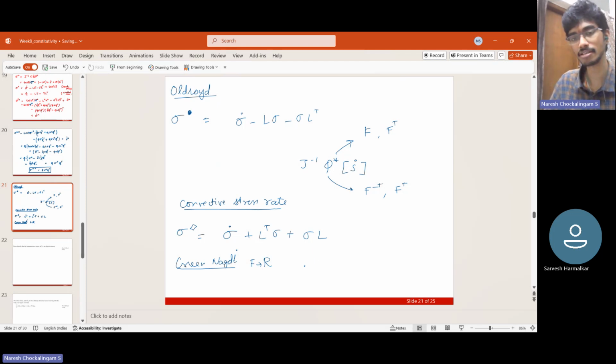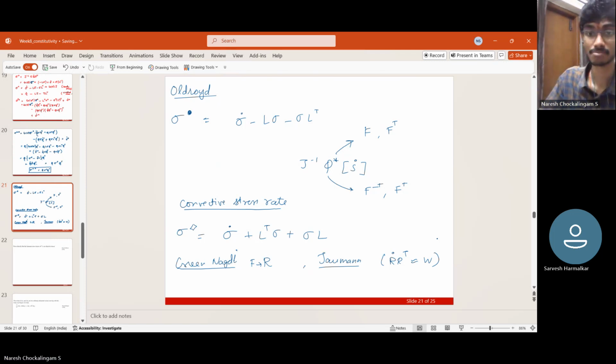And we also have something called the Yaumann stress rate. In the Yaumann stress rate, we approximate R dot R transpose by, not the frame spin, but the skew symmetric part of the velocity gradient, which is W. So these two give rise to other stress rates.